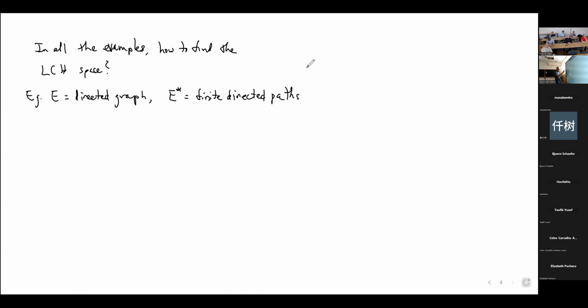And now I'm going to introduce a couple of sets. I call it capital script E upper 0, it is all the principal right ideals, alpha E star. Of course, this means all the finite paths whose initial portion is alpha. And then we do what in the more abstract setting they call forming the Boolean closure.